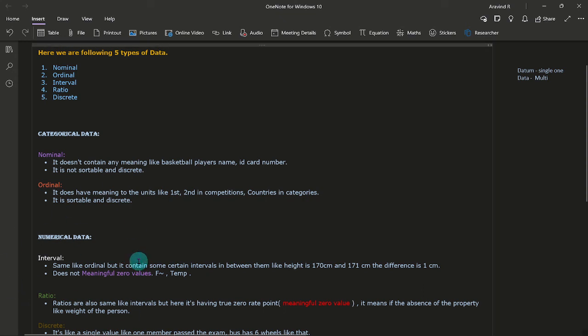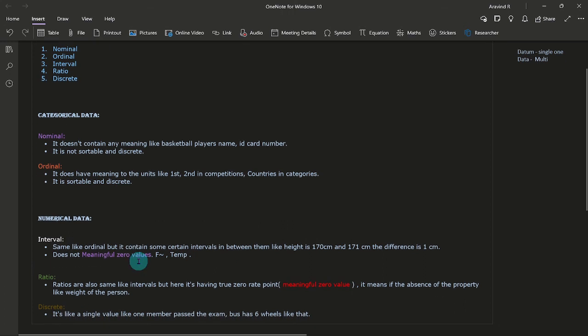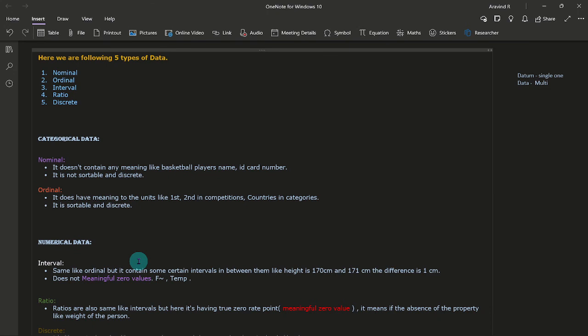We don't go beyond these data types, and these are the types that often come up in machine learning or deep learning. So this is all about the types of data.